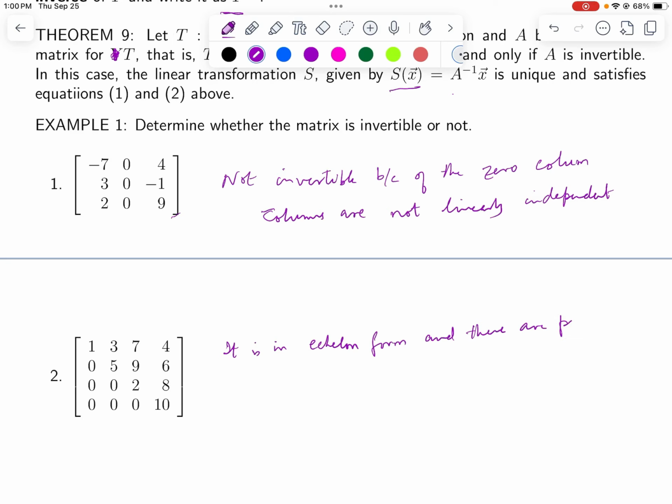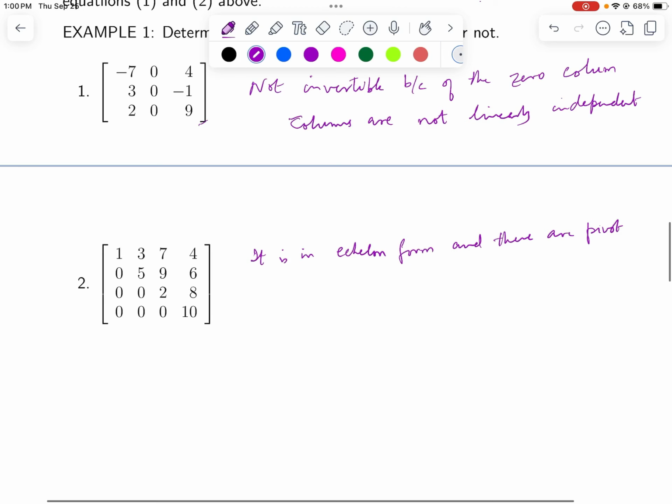Now looking at this next matrix, notice that it is in echelon form. And you can see there are pivot positions in each row.